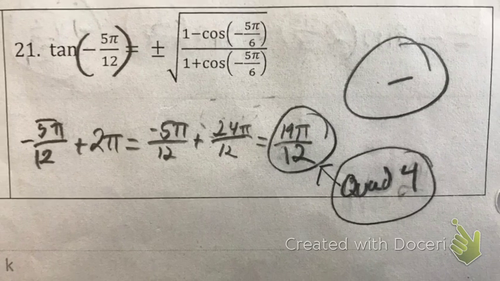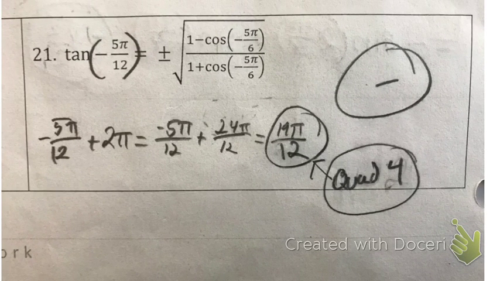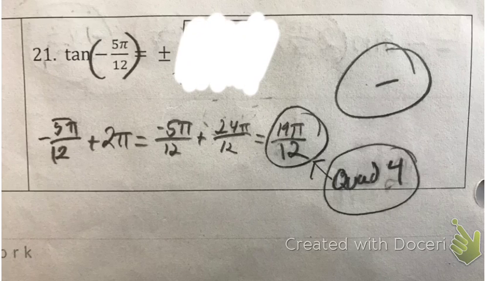So this harkens back to the days where I'm just basically asking you, what quadrant is this in, and is tangent positive or negative in that quadrant? That's all they're asking. So I really don't even care what this says over here. They're saying at negative 5 pi over 12, is tangent positive or negative?